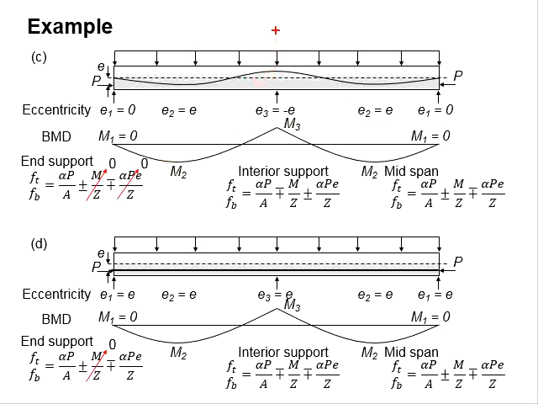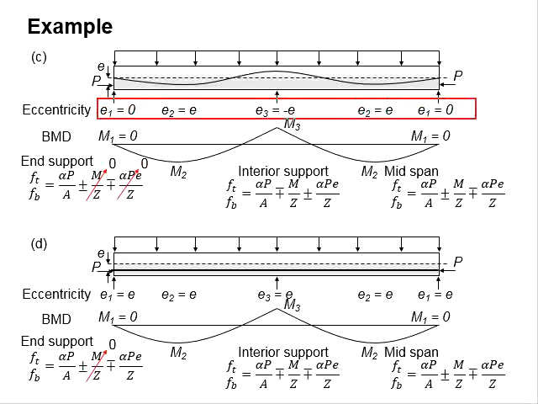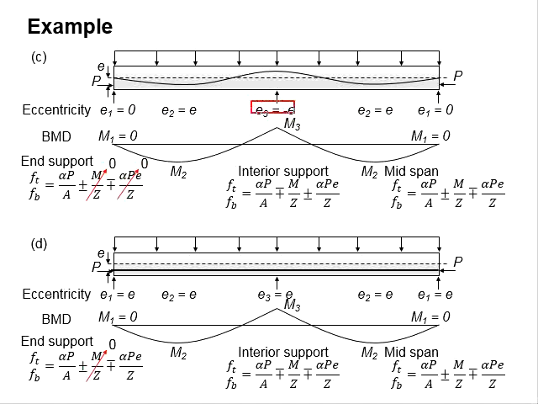When the member is symmetrical, you will need to check at least 3 sections: at the support, midspan, and the internal support. The eccentricity for this beam is given here. There is a negative eccentricity due to the offset distance from the neutral axis.